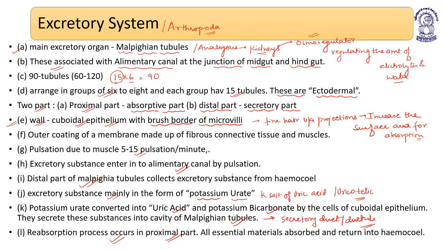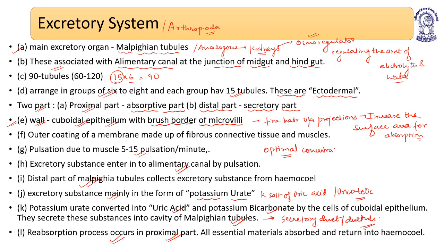The proximal part of the Malpighian tubules is concerned with absorption and selectively reabsorbs the substances which are required, in an optimal concentration. It is very important to know that each nutrient is absorbed according to its optimal concentration.